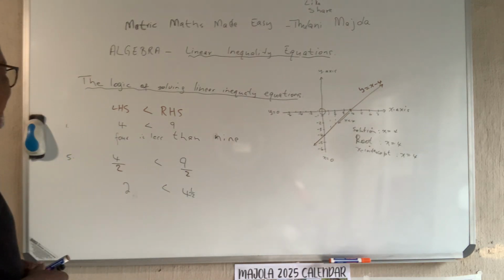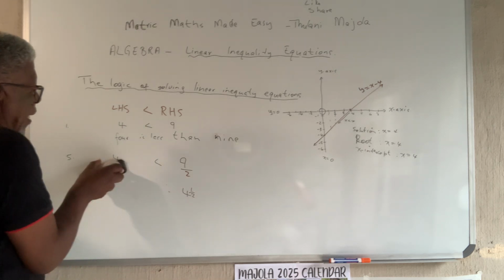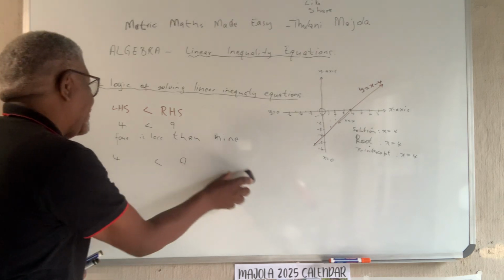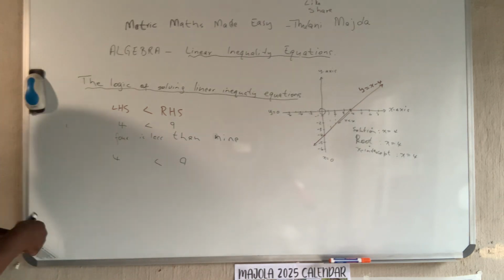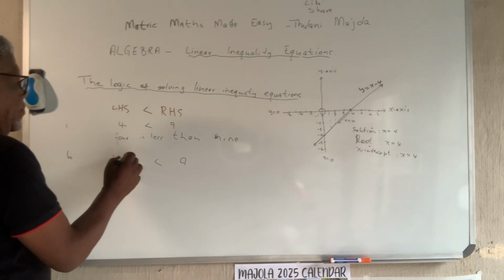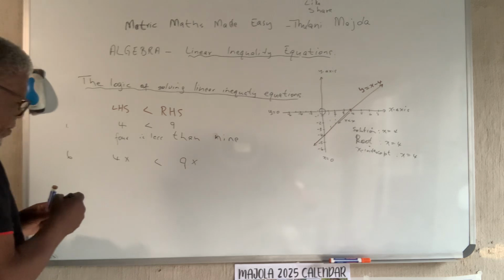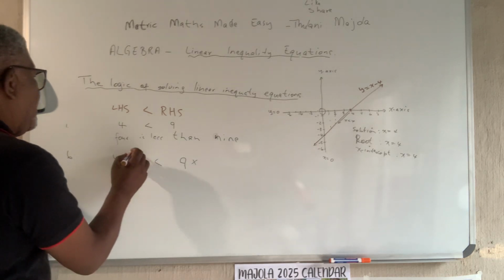But now what happens if you're using negative numbers? When you are multiplying by a negative number, you multiply the 4, and then for the 9 you multiply it. Let's choose we multiply by negative 2.